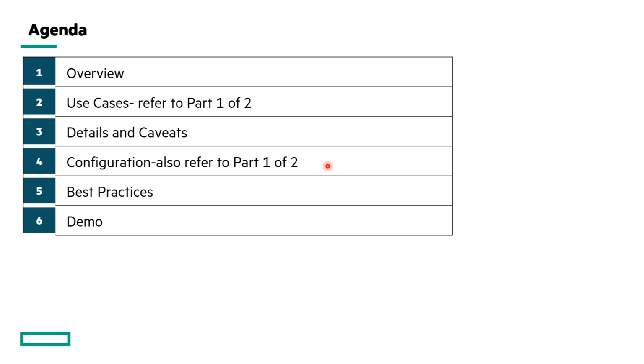And then for configuration, I'm only going to cover the differences, in fact just what the IPv6 underlay elements are. And again, please refer to part 1 of 2 for the more detailed configuration. And then we'll go and cover the best practice, which are pretty much similar as well. And then we'll finish off with a short demo.